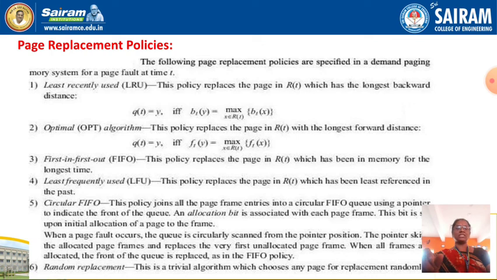And random replacement is the last one. It follows a trivial algorithm to choose any page for replacement in a random manner. So these are all the main important page replacement policies followed in cache memory management technologies.